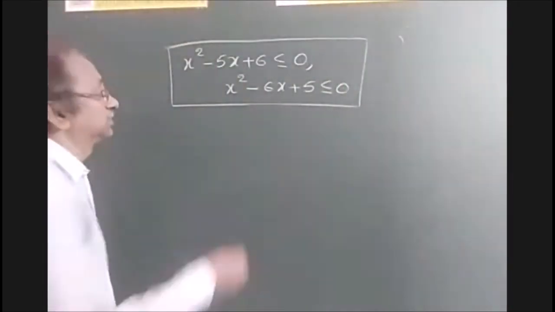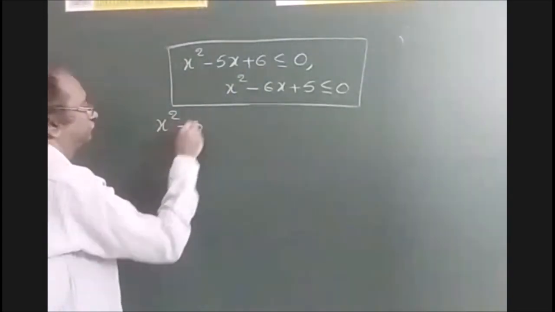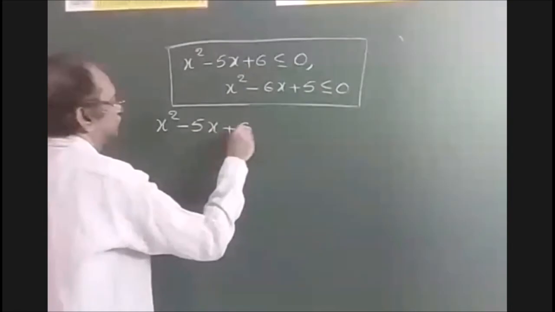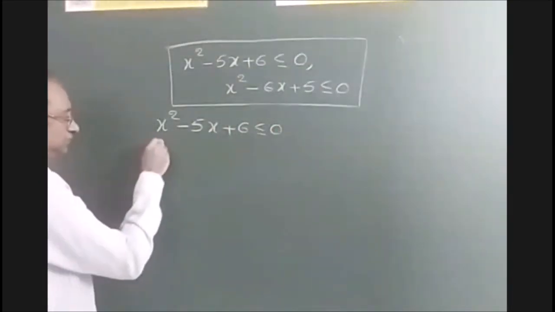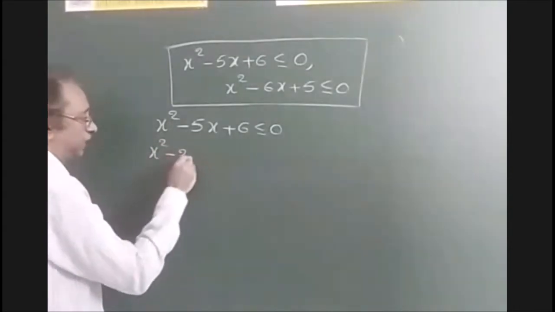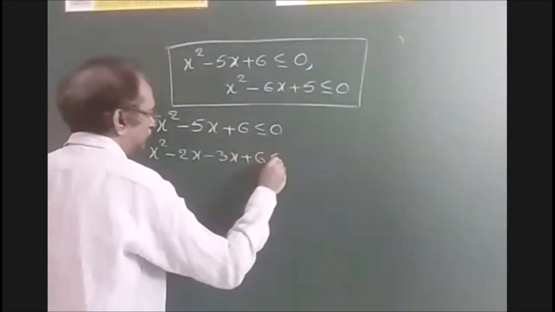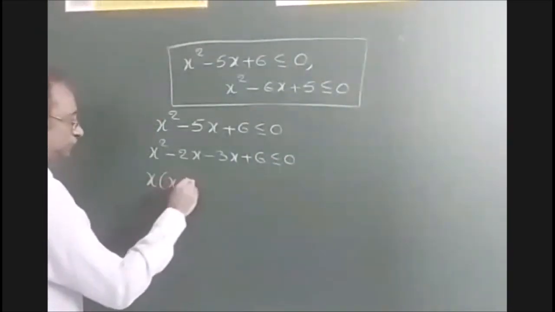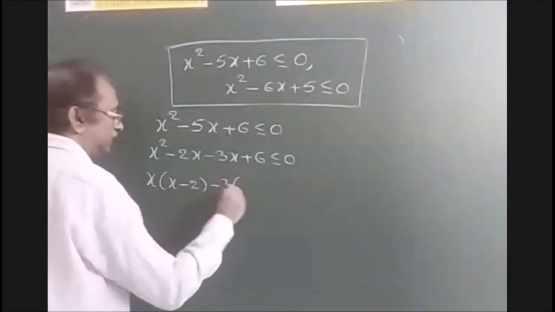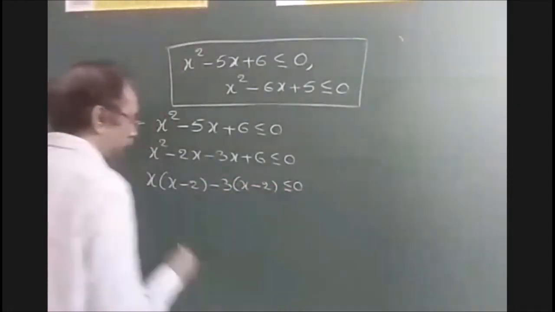See how to do this. First of all, consider x square minus 5x plus 6 less than or equal to 0. Factorize this: x square minus 2x minus 3x plus 6 less than or equal to 0. x into (x minus 2) minus 3 into (x minus 2) less than or equal to 0.